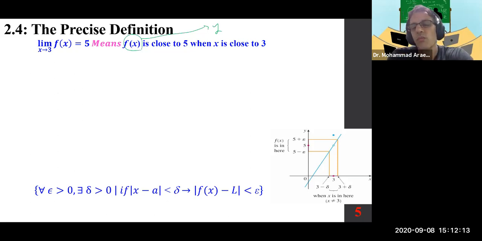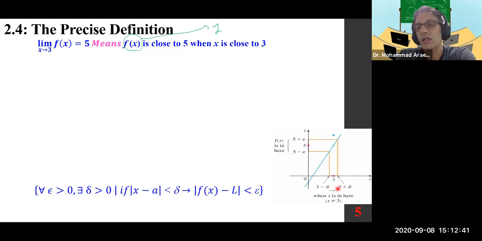Okay. And if you look at the graph, just as an example, number 3 here, we are coming from the left and right. And by the way, as you're coming from the left and right, because this is a linear function, everybody, the left and right have the same size, delta, if you will.